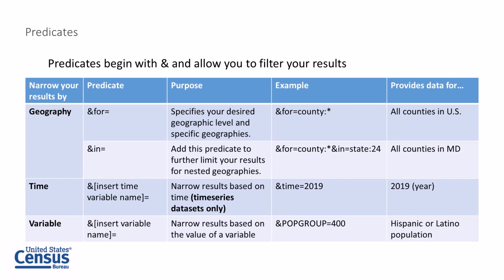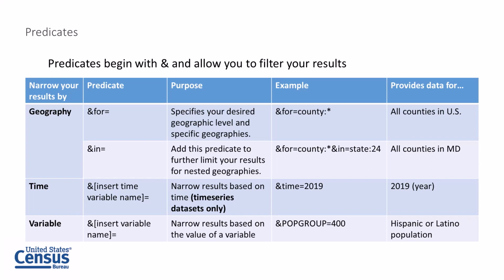Please be aware that this particular way of limiting your results based on year is applicable for time series datasets only. In our API, time series datasets make up a small portion of the overall datasets that are available. In this course, our examples will come from the American Community Survey, which is not organized as a time series dataset in our API, so we will not be working with this predicate.